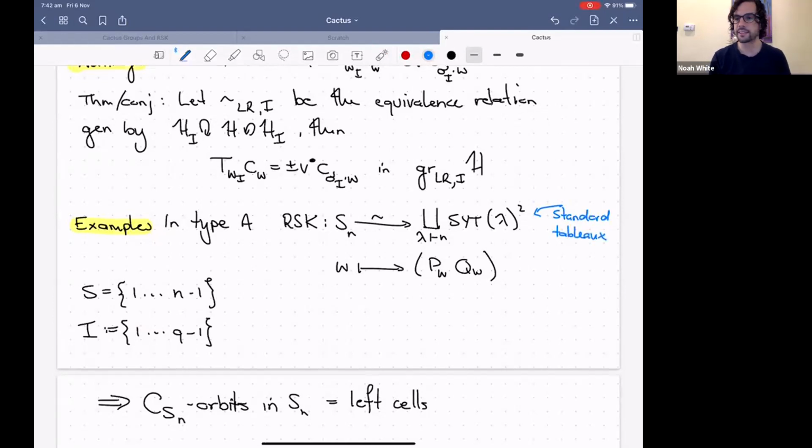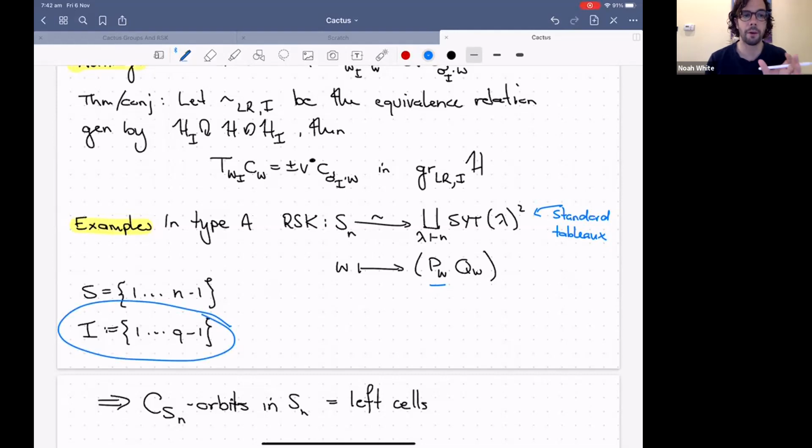I'm not going to define this, but there's an algorithm that takes a permutation and gives you a pair of standard tableaux of the same shape. The generators of the symmetric group are labeled by 1 through to n-1. So let's just take the parabolic for this set.